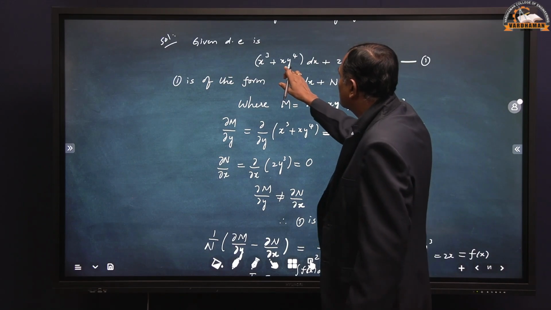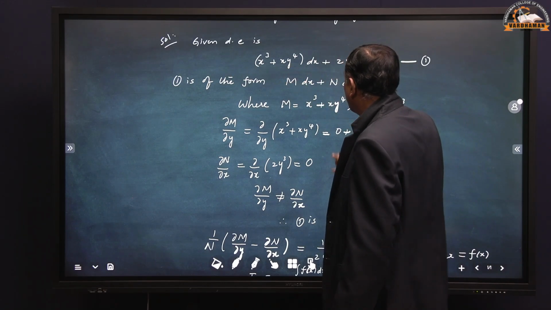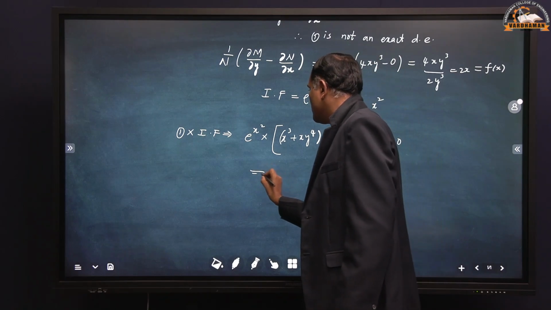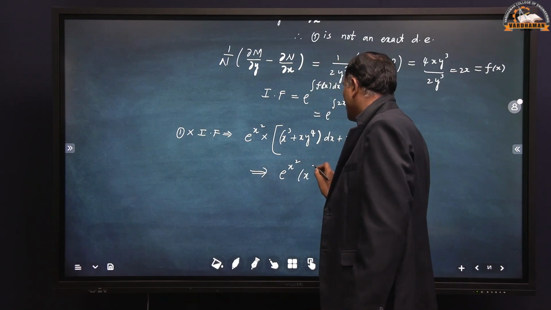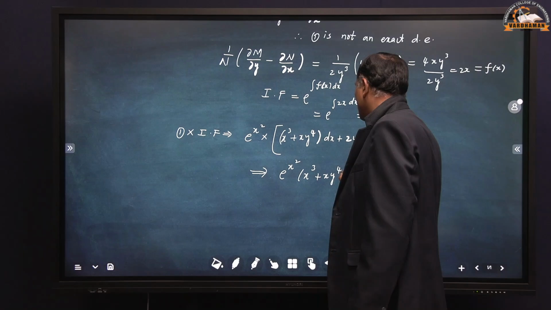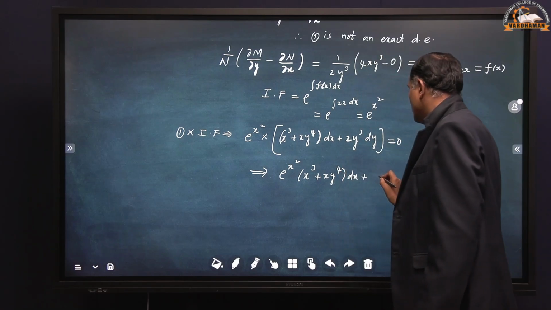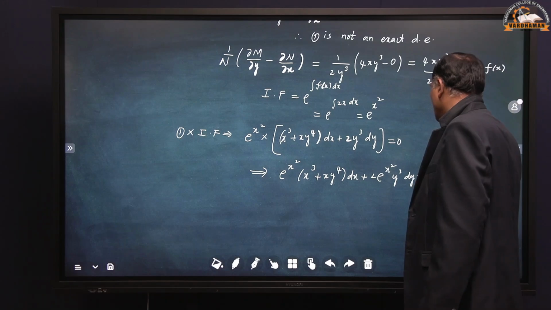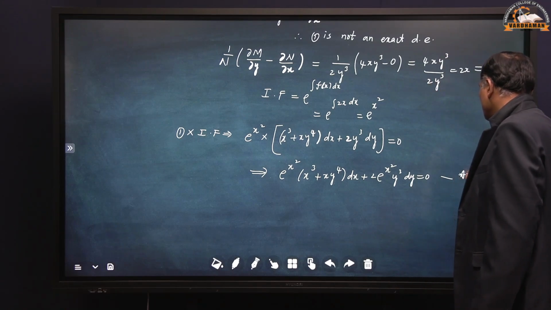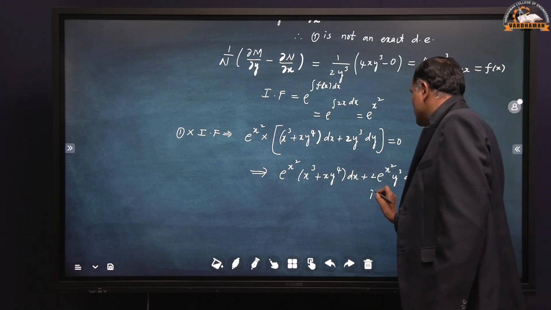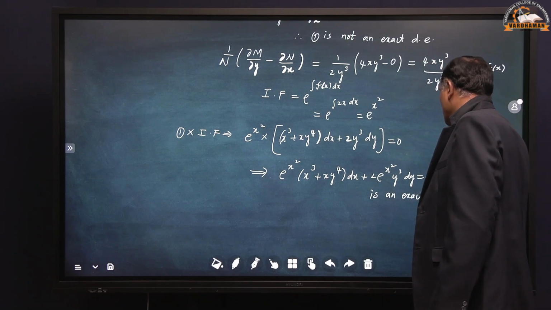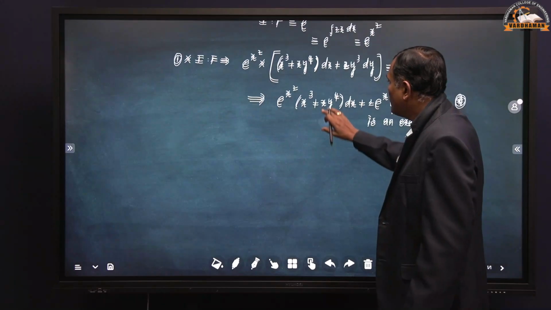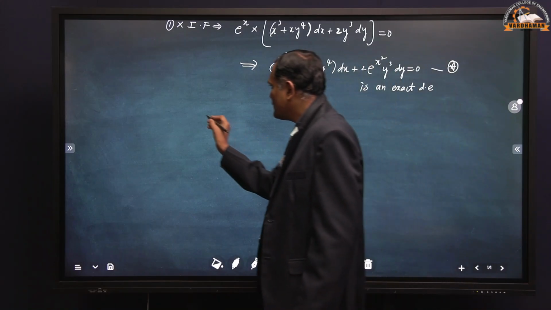Now let us multiply this with this one: e power x square x cube plus xy power 4 dx plus e power x square 2y cube dy equals to 0. Let us say this is star. Now blindly we can say this is an exact differential equation. Now let us solve this differential equation.